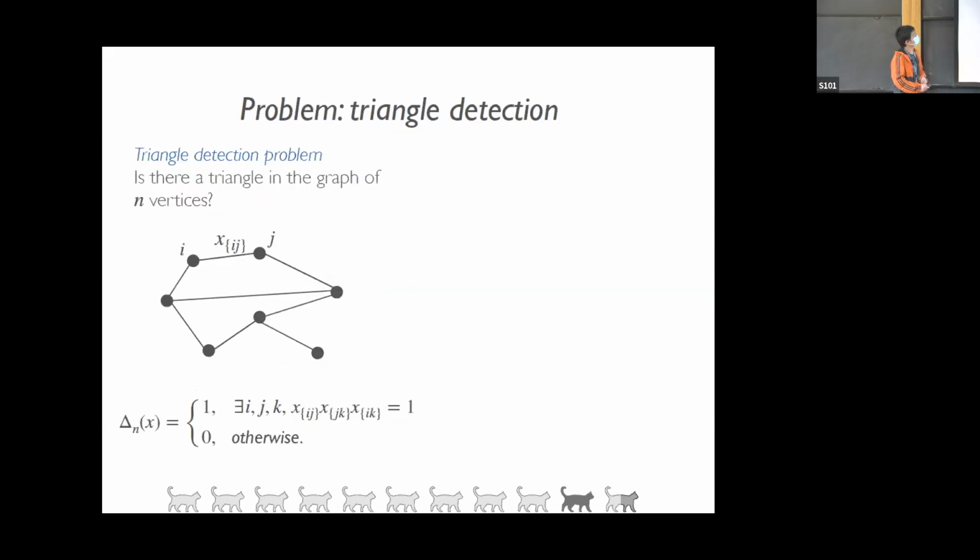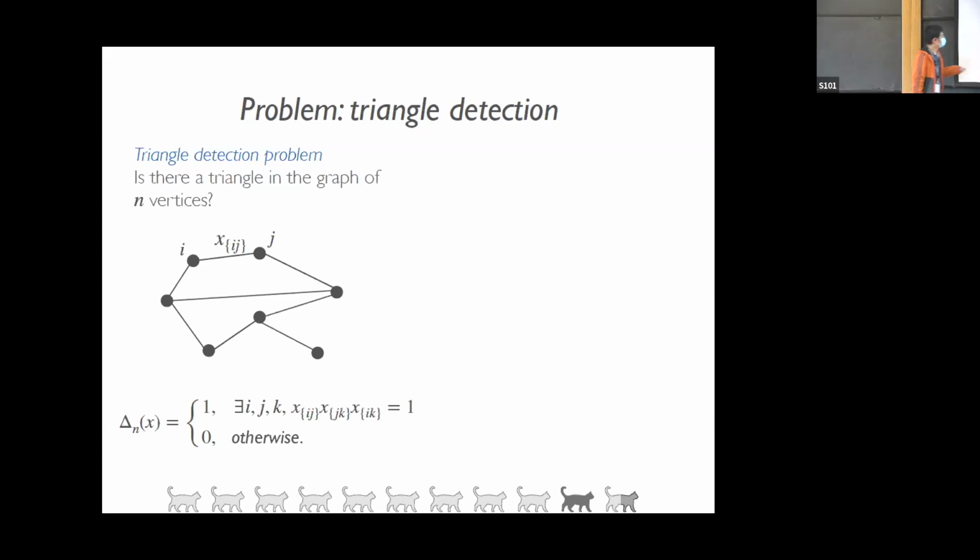Okay, so now let me move on to the problem that I want to tell you about. The triangle detection problem. You are given a graph of n vertices, and the question is whether there is a triangle, meaning 3 vertices adjacent to each other. In this picture, there's no triangle.